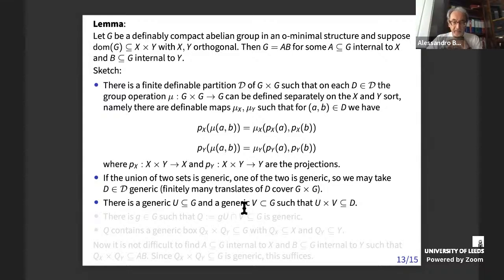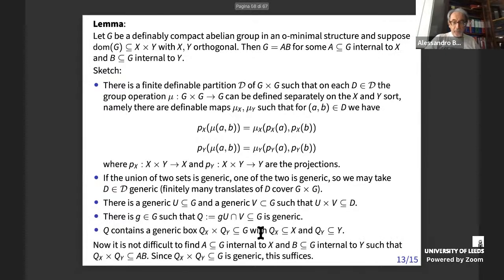Now these U and V are generic, so you can show that there is a group translation such that, if you move them in that way, the intersection is again generic in G. So you have this Q, and now this Q is generic in G. But now remember that G is included in X times Y, so it's a finite union of rectangles in X and Y. So one of these rectangles must be generic.